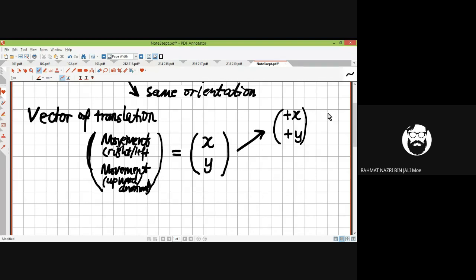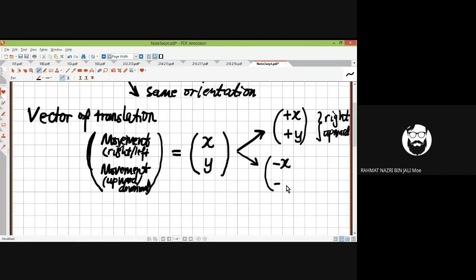This is for the object moving to the right and upward. Okay, when the object moves to the left, we have to state here negative x. Negative x. X is any integer, any value here.